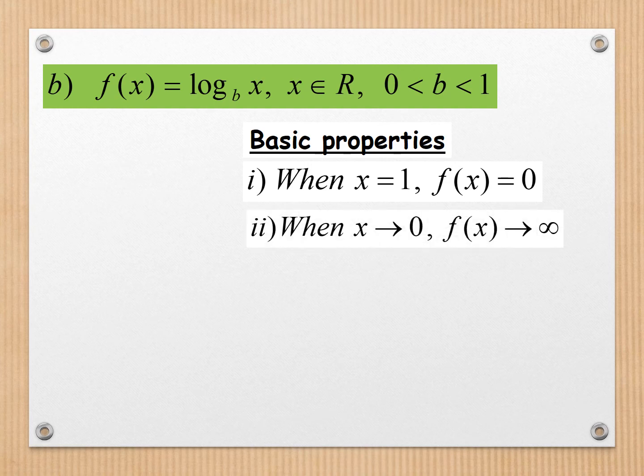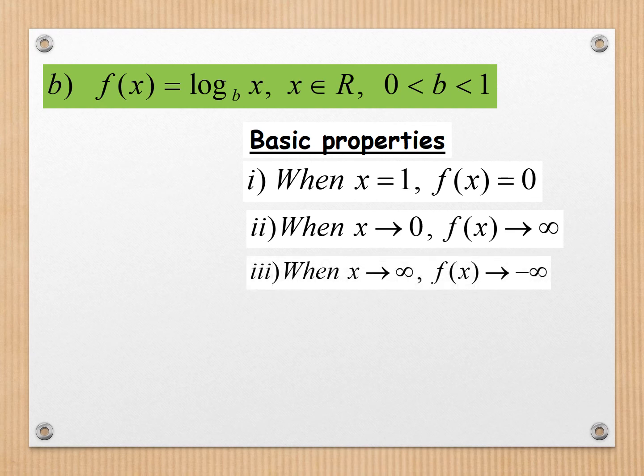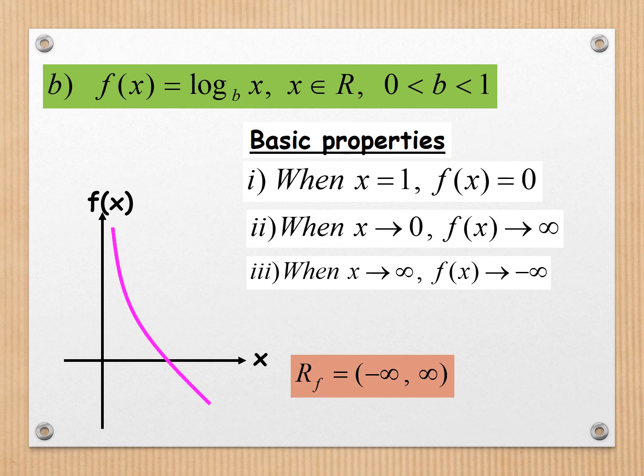The second one, when x is approaching 0, f(x) is approaching positive infinity. The third one, when x is approaching positive infinity, f(x) is approaching negative infinity. The range of f is negative infinity to infinity, and the graph is like this, with x-intercept 1.